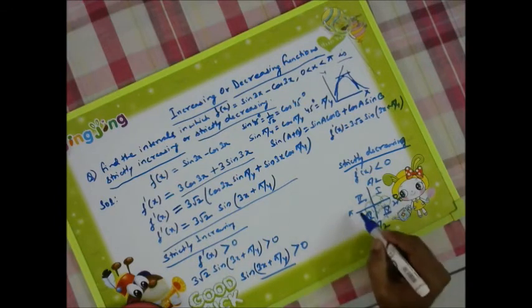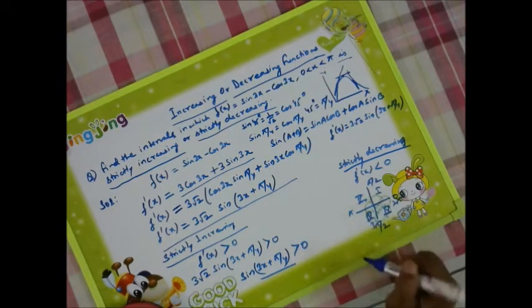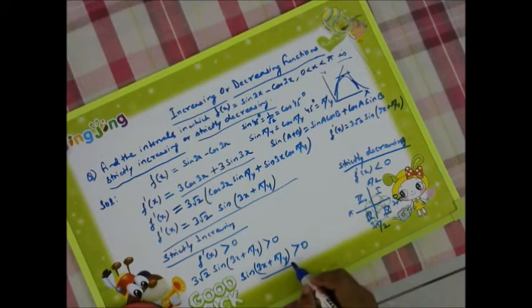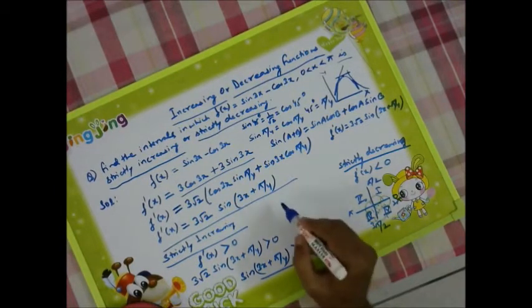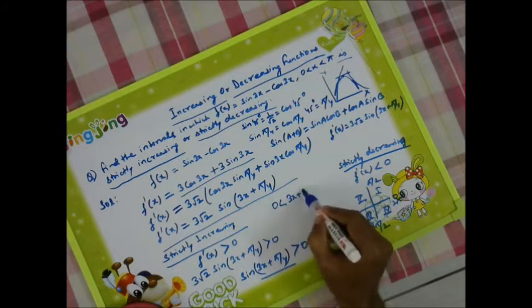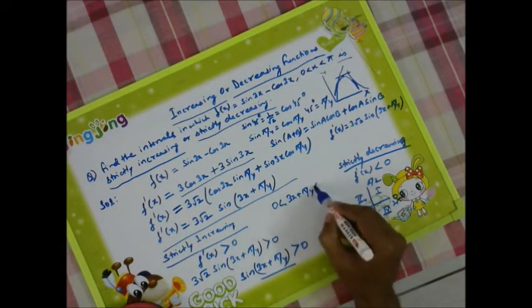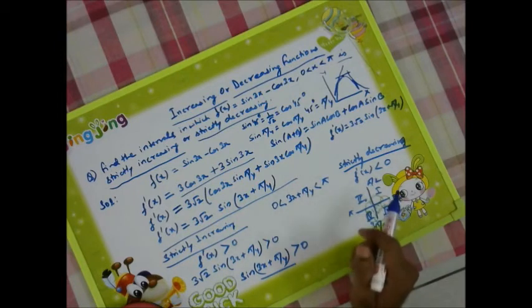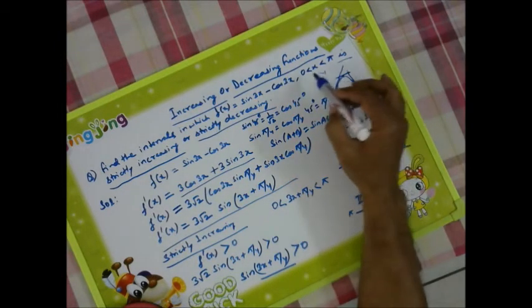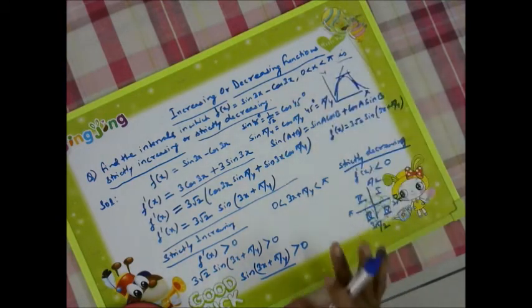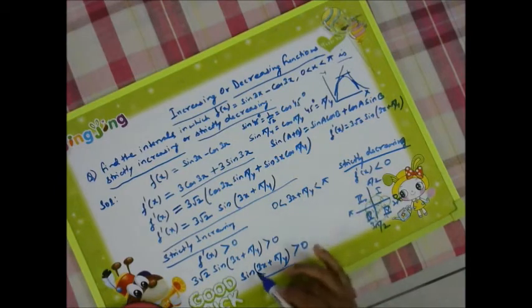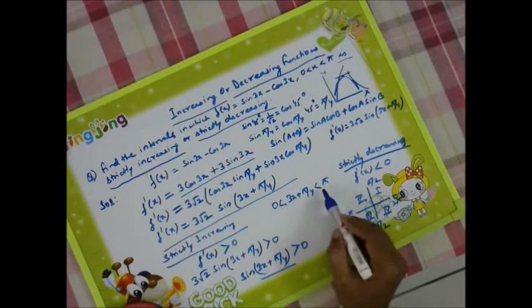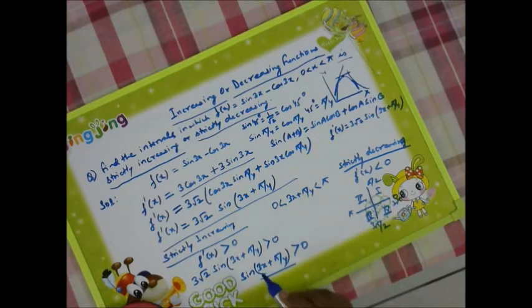It means it should be between 0 and pi. As given, x is between 0 and pi. But to be positive, this angle 3x plus pi by 4 should be between 0 and pi.